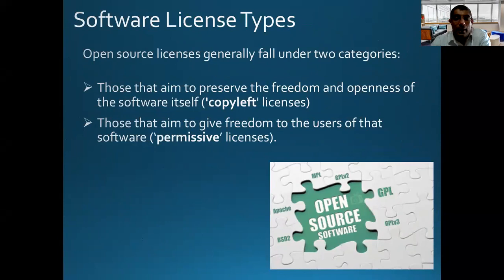Okay, now we are going to talk about open source and its two categories. So the open source licenses have two categories. Luckily, there are not many categories. One, as I told you, there are Freedom 1, Freedom 2, Freedom 3 and Freedom 4.